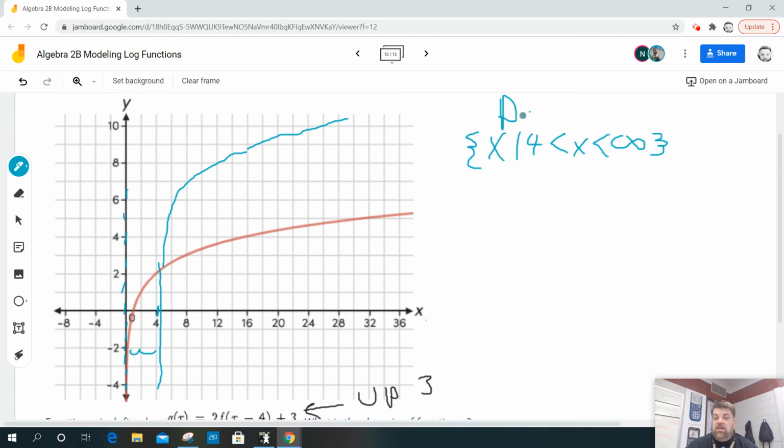So this is the domain. Okay? And that's a fancy math way to write it. Basically what I'm saying is the domain is all the possible x values such that x is greater than 4 and less than positive infinity. Okay? And I'm not even going to graph it. I don't need to.